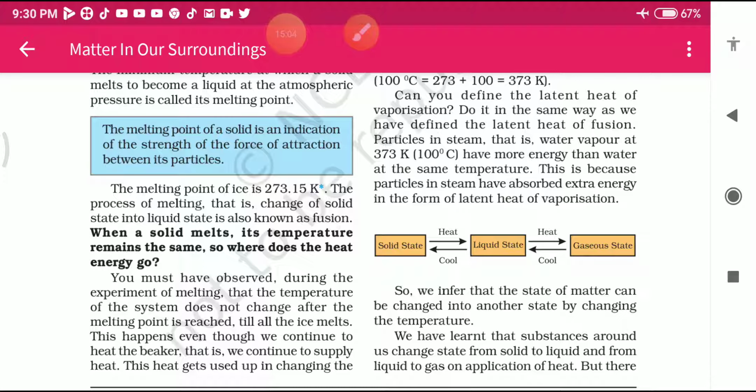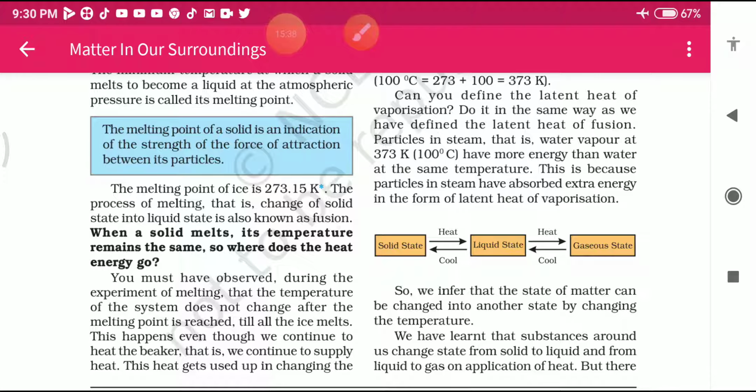And another thing, when Kelvin is given and you have to convert it into degrees Celsius, then you will just subtract 273 from the Kelvin, and you will get the answer in degrees Celsius.